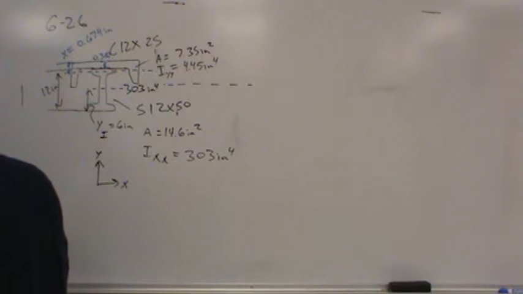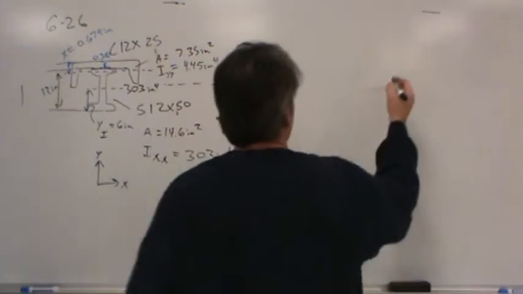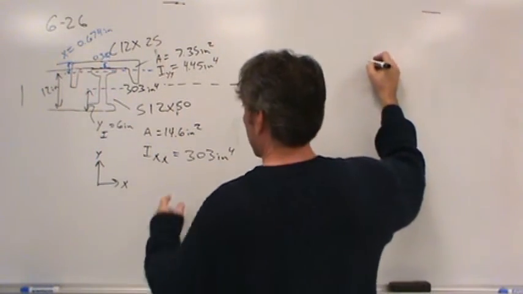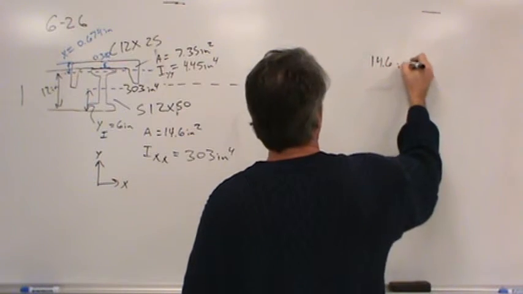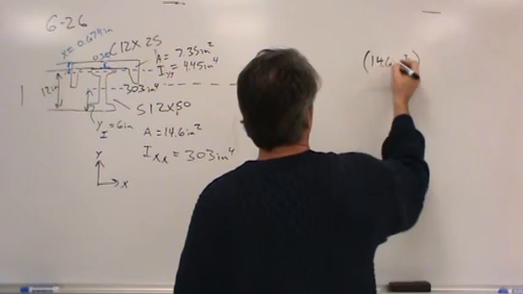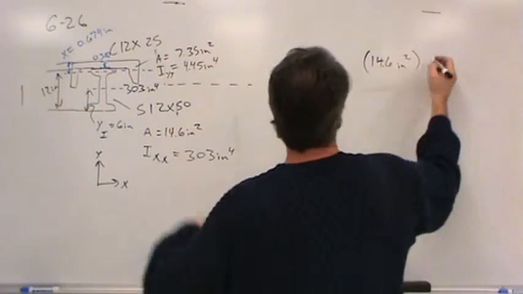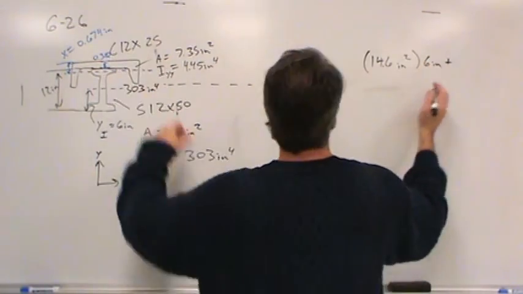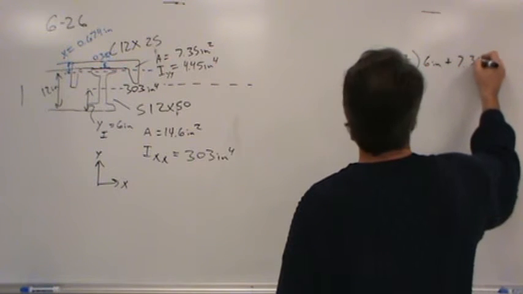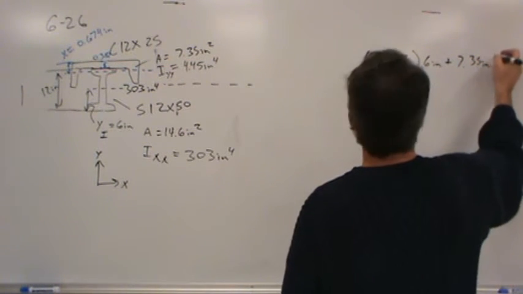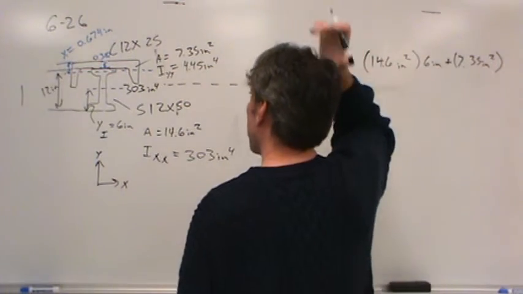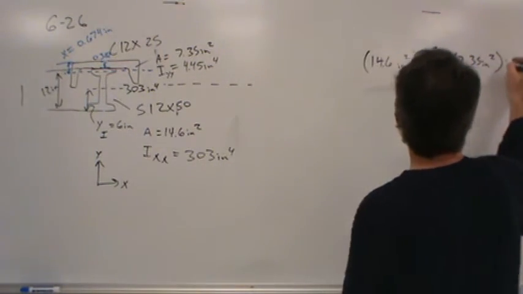To find the centroid, all we have to do is multiply each of the areas times their distance to their own centroid, which is 6 inches. Okay, add to that the other area, 7.35 inches squared.